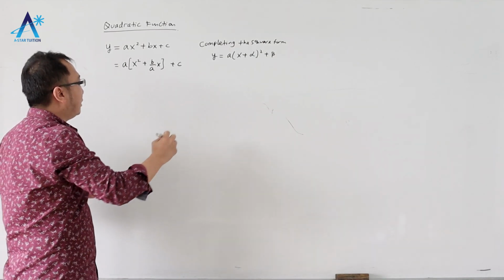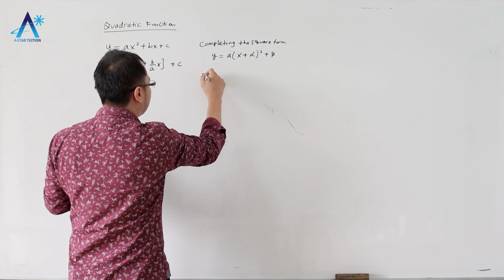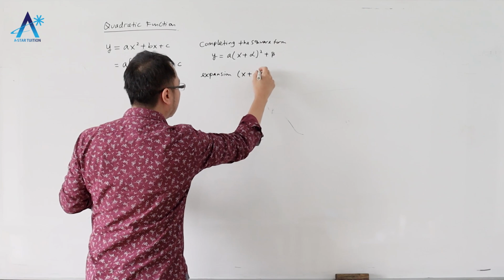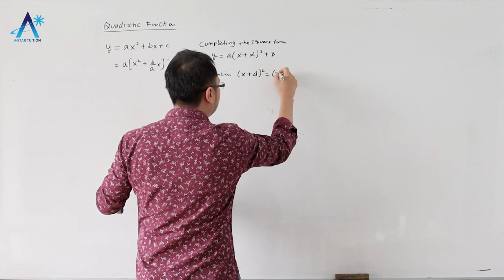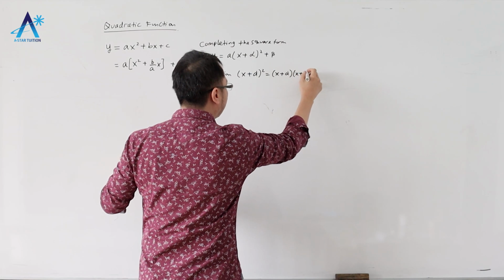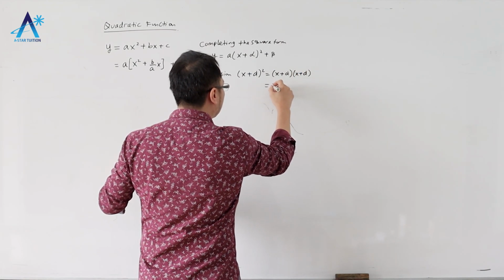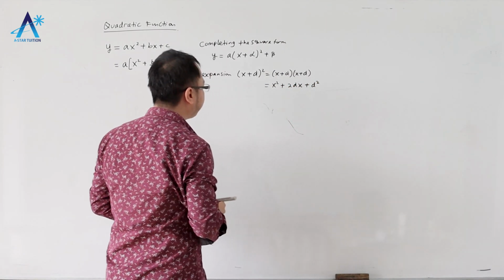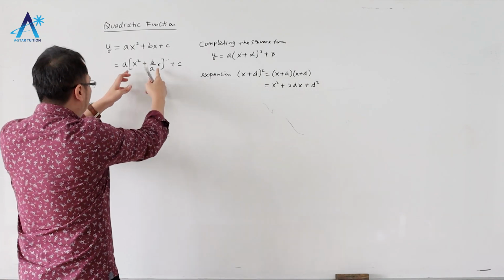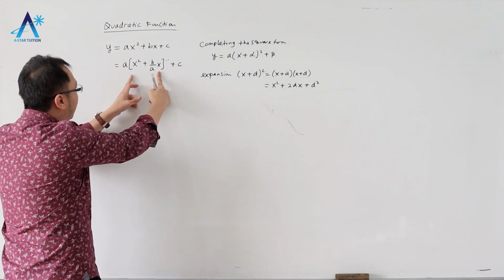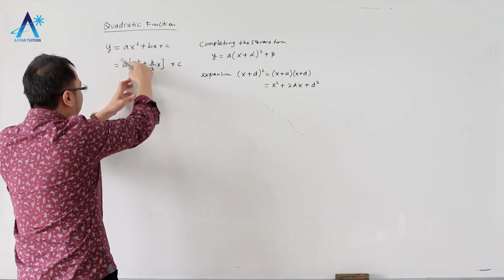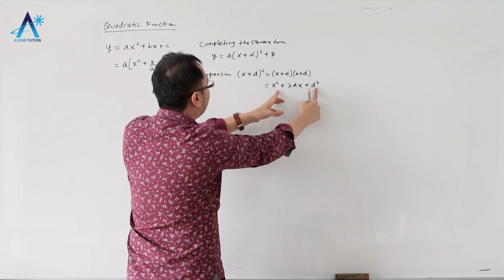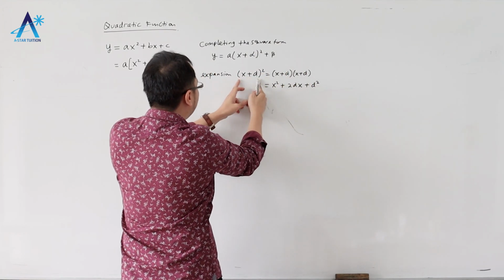Okay, recall the expansion of this, which is equal to x positive d times x positive d, which is equal to x squared positive 2dx positive d squared. Okay, so this is what we have, and we need to modify this so that it's going to be like this, so that we can eventually express this as this one.